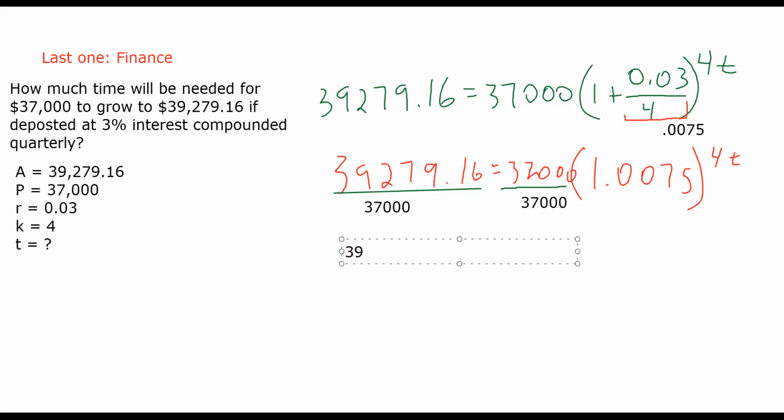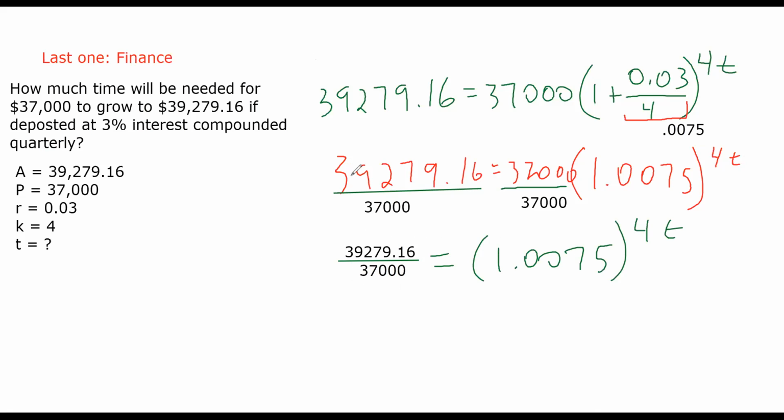So we have $39,279.16 divided by 37,000. That's going to be equal to 1.0075 to the 4t power.